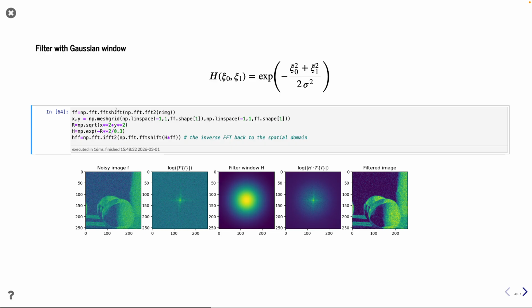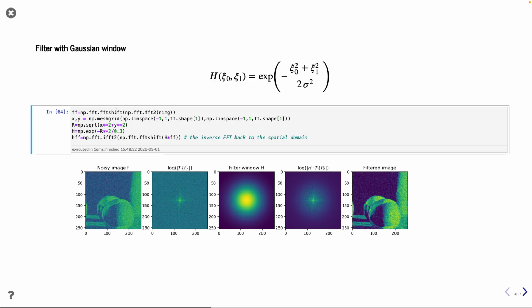So the zero frequency, which we expect to be in the middle, is actually up in the corner, and the smallest negative frequency is down in the right lower corner. So the frequencies are opposite to each other. So FFT shift is reshuffling the quadrants so that it looks like this.